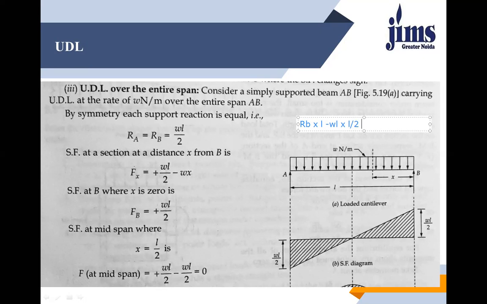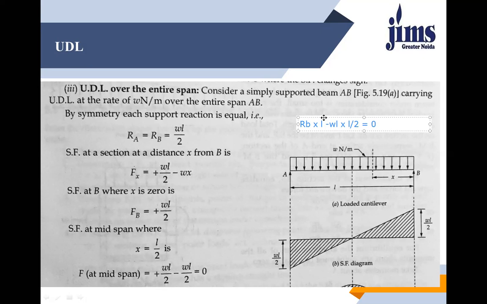That is equal to 0 because support A is a simple support. So if it is equal to 0, then RB is equal to WL by 2.